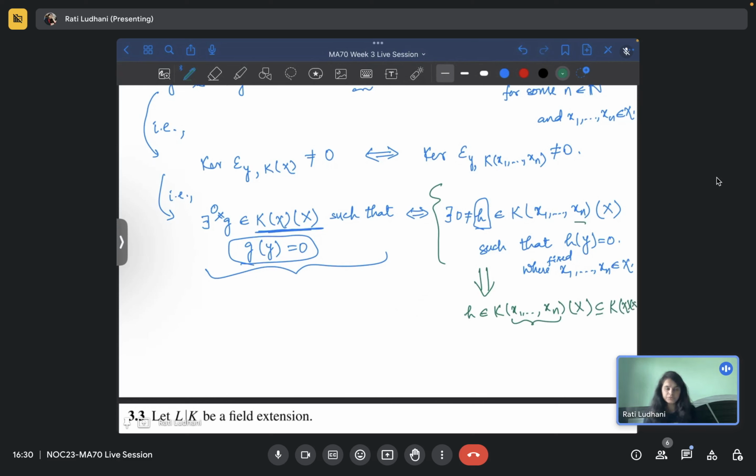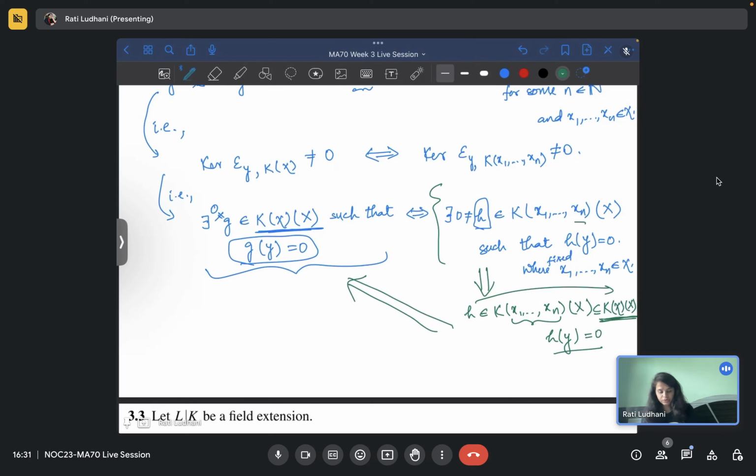Because x1 to xn belongs to chi, this polynomial h belongs to this set, and we know that it is non-zero and h of y is equal to 0. So we have a polynomial in k chi x which is non-zero and is 0 at y. So this condition implies this trivially.